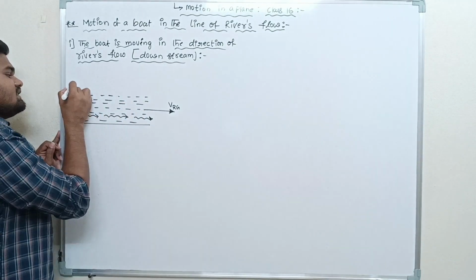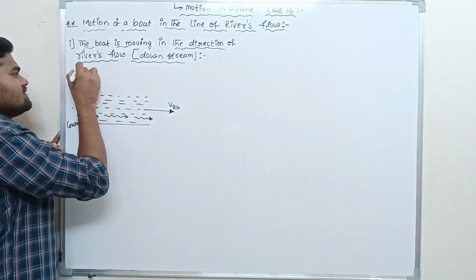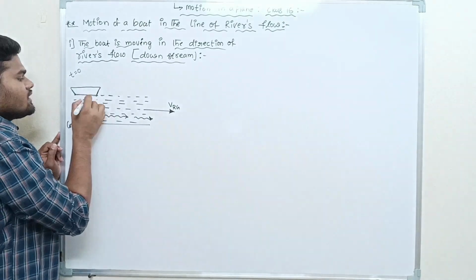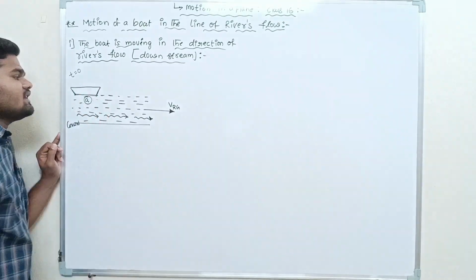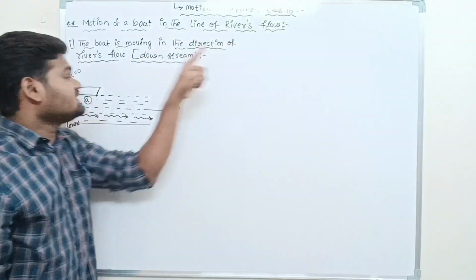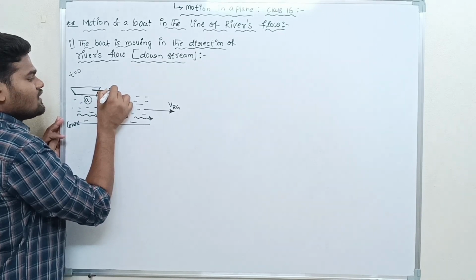Now there is a boat. Initially, at time t equals 0, the boat is at a point A, and it starts moving in the direction of river flow.